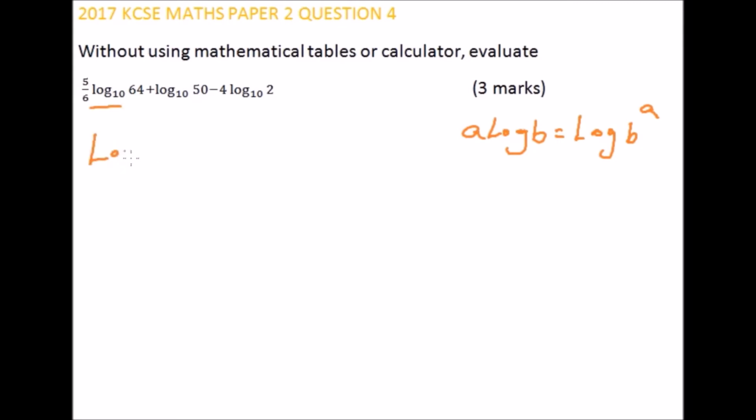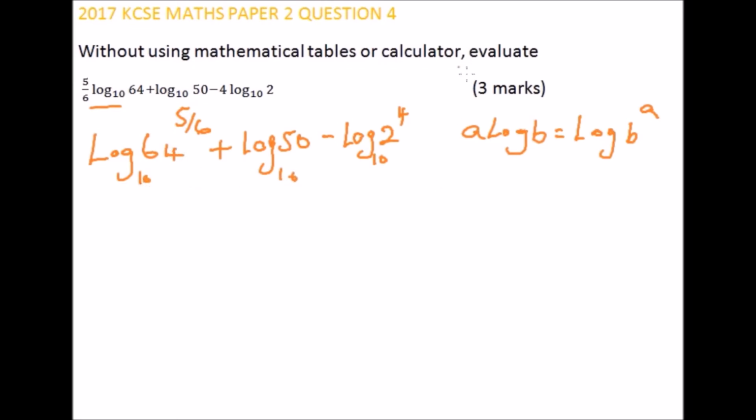So we can write this part here: logarithm of 64 raised to 5/6, plus the logarithm of 50, minus logarithm of 2 to power 4, and remember this is to base 10, that is to base 10, and that is to base 10.